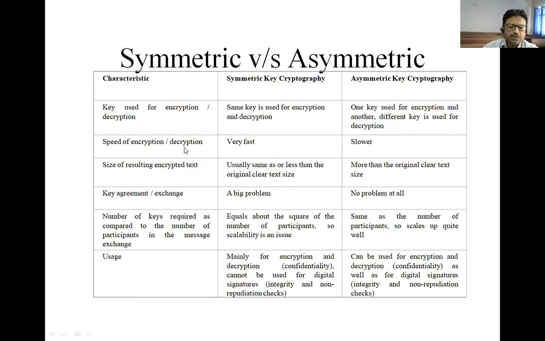As far as speed is concerned, symmetric cryptography is very fast. Asymmetric cryptography is a little bit slower because a lot of computation has to be done for converting plain text into ciphertext and ciphertext back to plain text. So the speed of encryption and decryption is better in symmetric cryptography than in asymmetric.